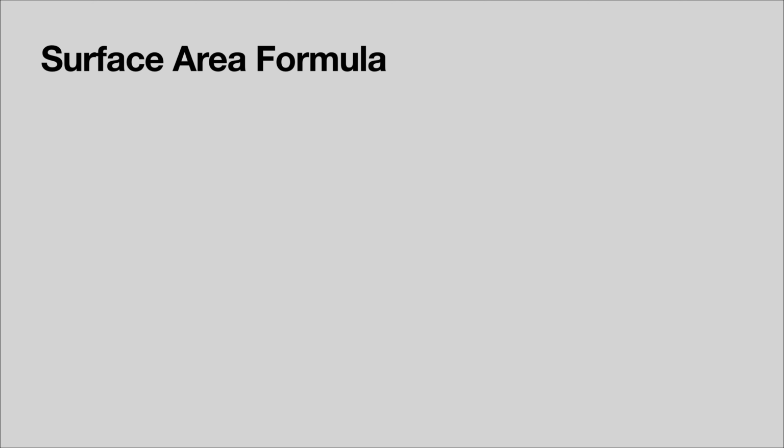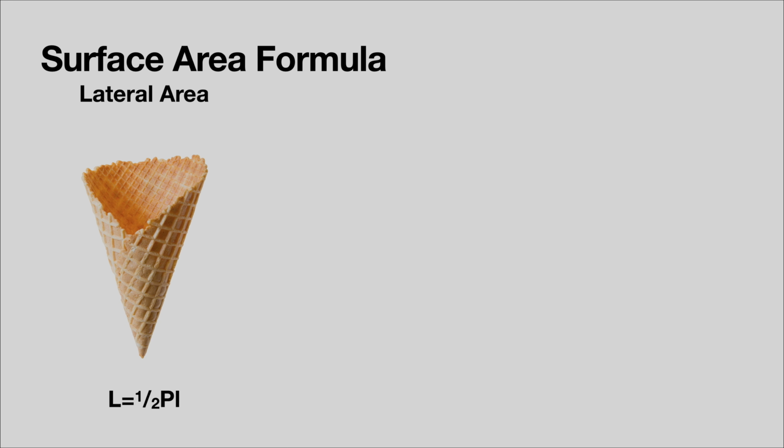All right, so now let's look at our surface area formula. So lateral area is basically if I was only talking about the sides. So for instance, this waffle cone, there's no base here. So it ends up being 1/2 of the perimeter times the lateral height. That's it. It's just 1/2 of the perimeter of the base times the lateral height. Now in a cone, that's the same idea.